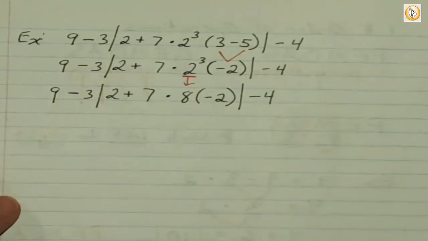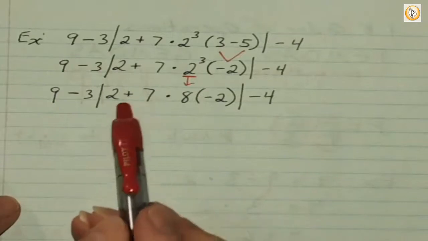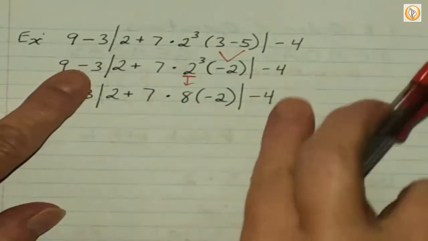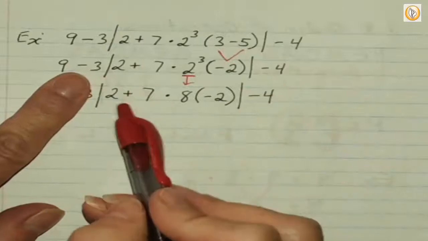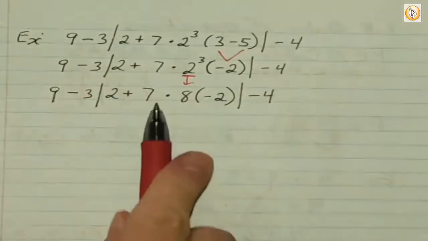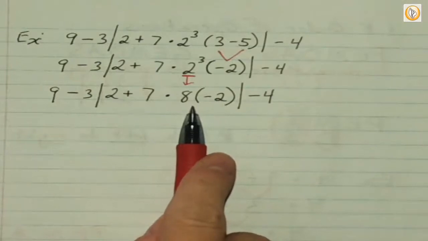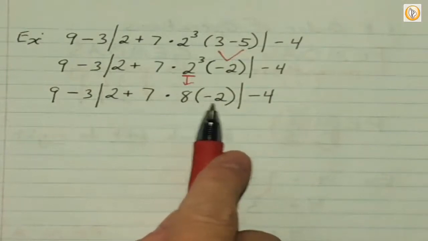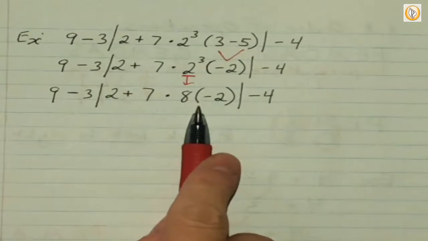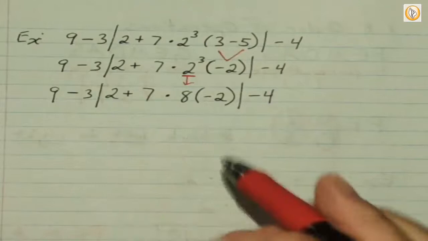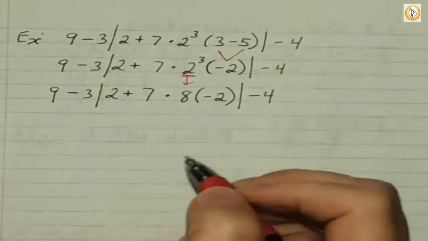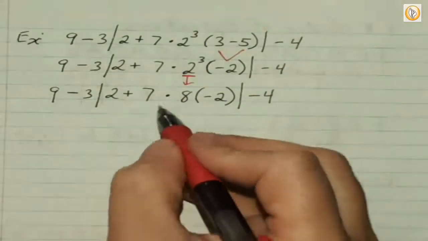All right, now what do I do? I have a plus, and we're still working inside the absolute value. I have a plus, multiplication, and what is the 8 doing with the negative 2? Okay, am I subtracting or multiplying? Multiplying, guys. Do y'all see that? Okay, so what do I do first? Yes, ma'am.